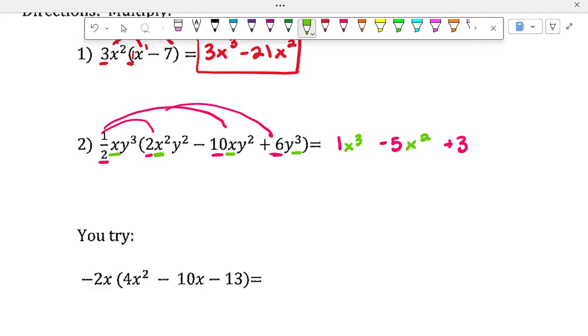Because there's nothing there. X. All right, so those are the x's.